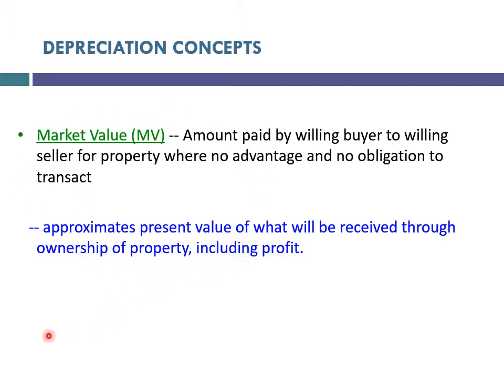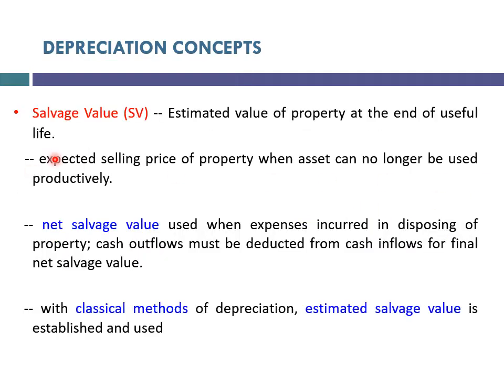So if you want to sell this property in the market, for how much can you sell this? It's called market value. On the other hand, we also know the salvage value, and until now we used these terms interchangeably, salvage value and market value. We said that they are the same thing.